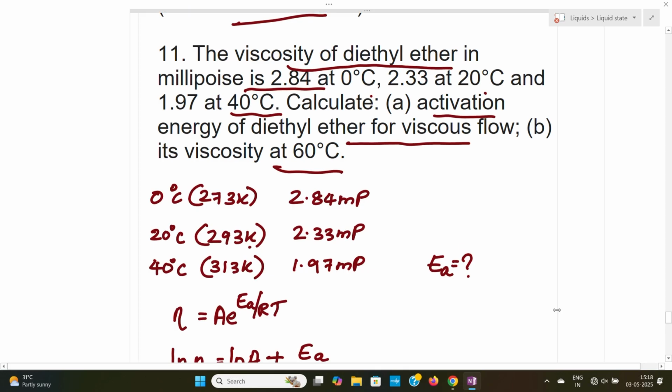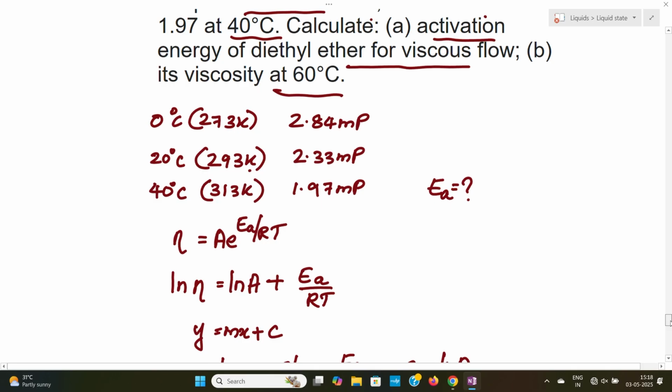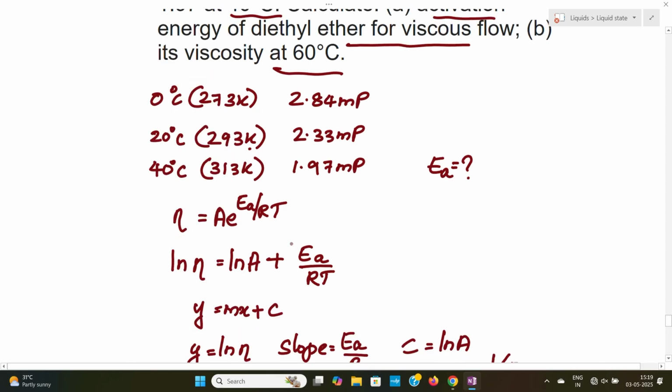Now, we have to find out the activation energy of diethyl ether for viscous flow. We have a relation, that is eta is equal to A e power EA by RT. From this equation, we can find out the activation energy.